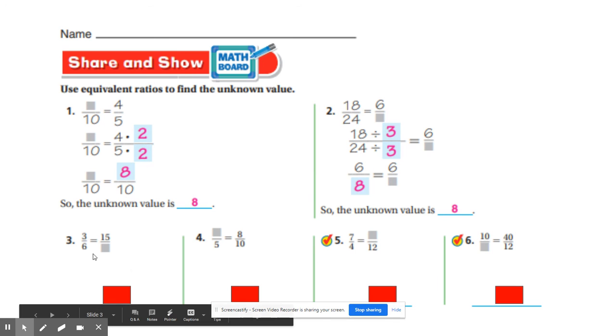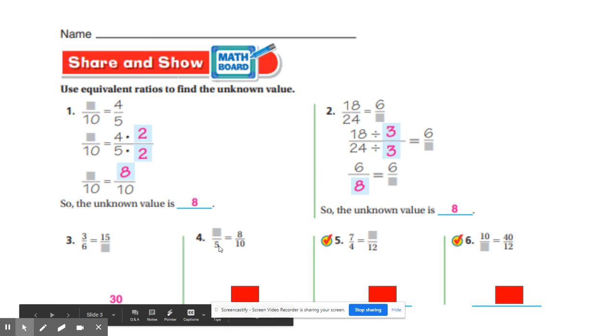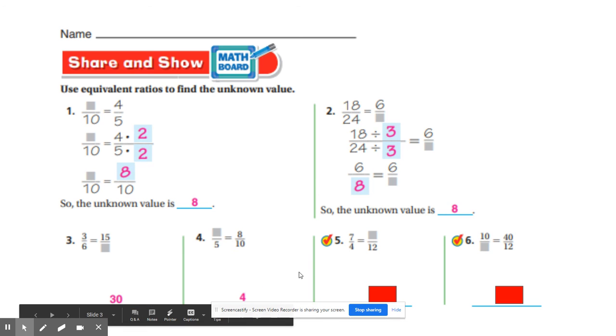So a couple more examples down here. We want to think 3 times what gives us 15. That would be a 5. So 6 times 5 will give us 30. Over here, 5 times 2 gives me a 10. So you've got to think what times 2 will give me 8, or think backwards. 10 divided by 2 is 5, so 8 divided by 2 will give me 4.